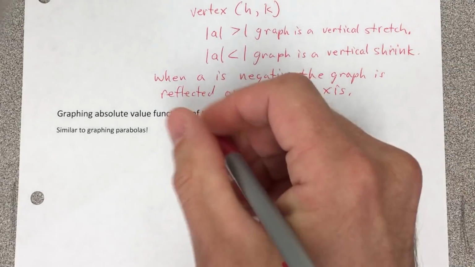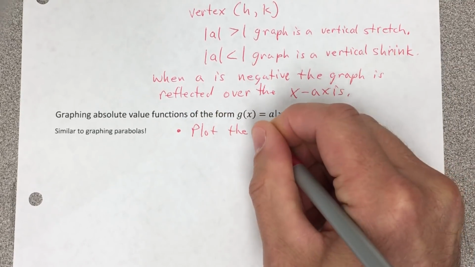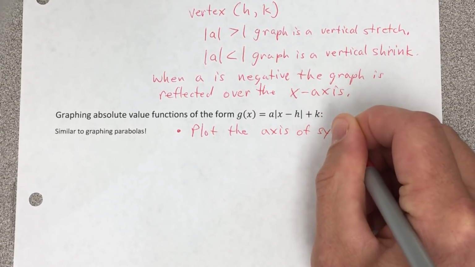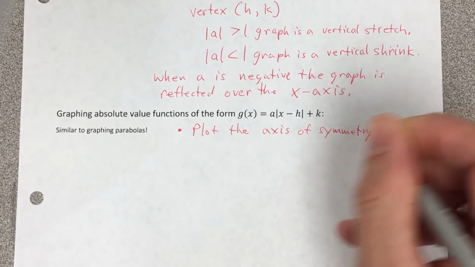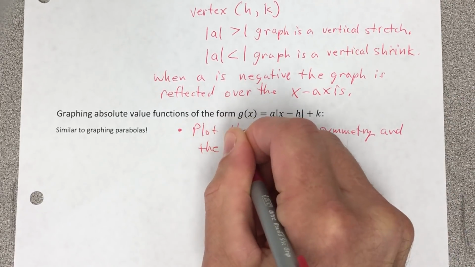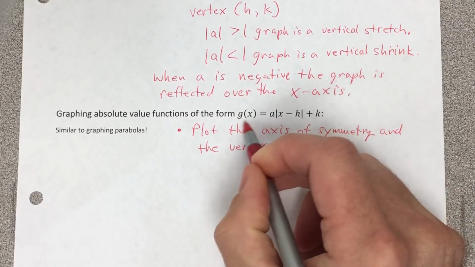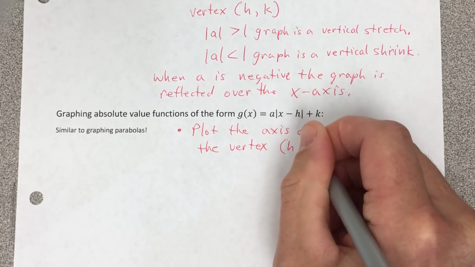You're going to start off and plot the axis of symmetry and the vertex, which again, in this format, your vertex is going to be at (h, k).